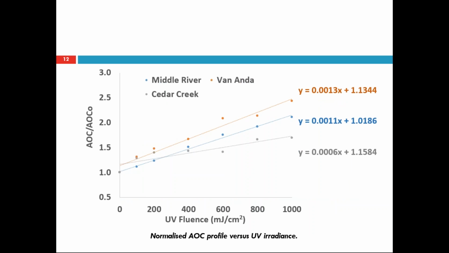In fact, if we look closely, the AOC increase is between 1.5 and 2.5 for these three waters, and the linear fit of these data points suggests that the AOC formation follows a zero order kinetic with respect to the UV fluence. Also, it was found that the slope of these linear fits were in proportion with the DOC concentration of the water, thereby suggesting that the rate constant of this reaction is dependent on the DOC or the NOM of the water.